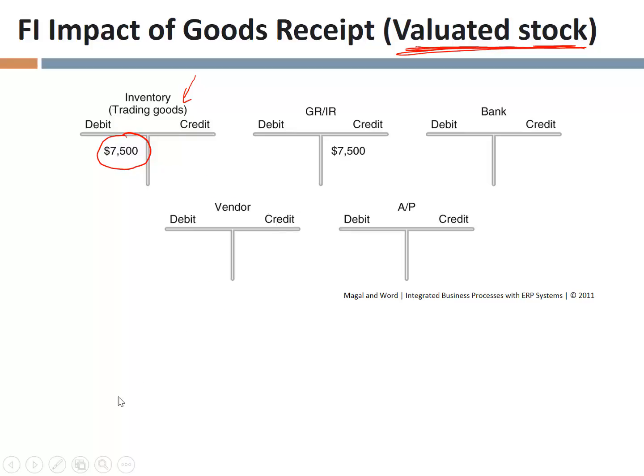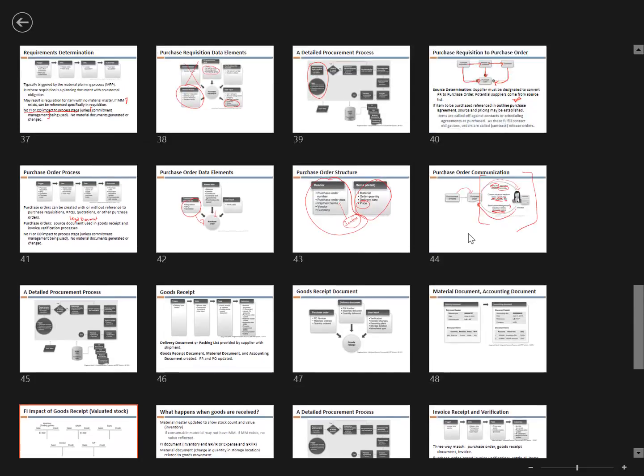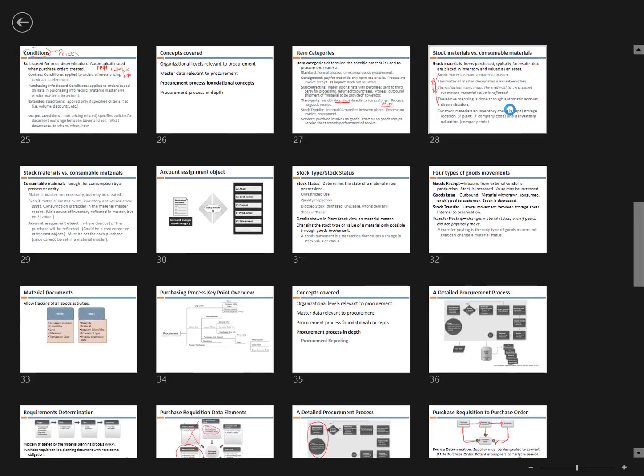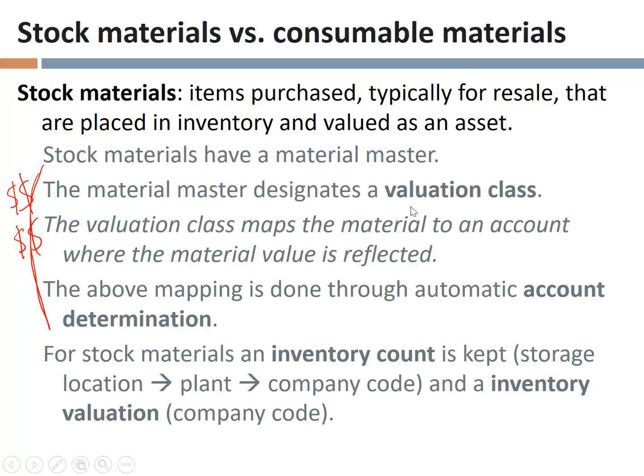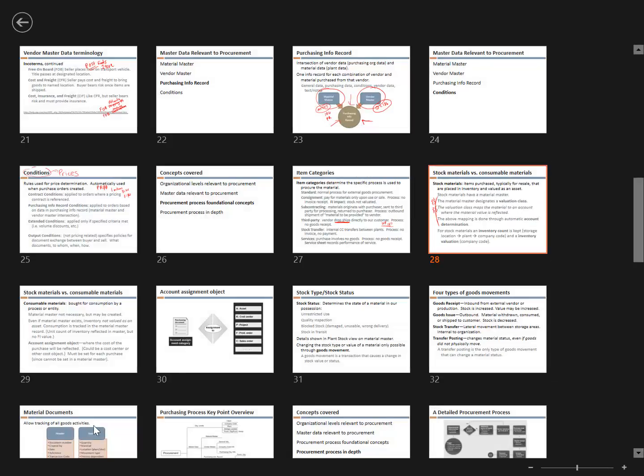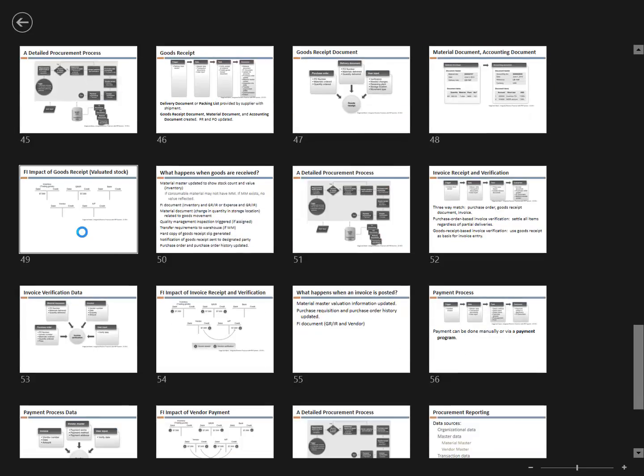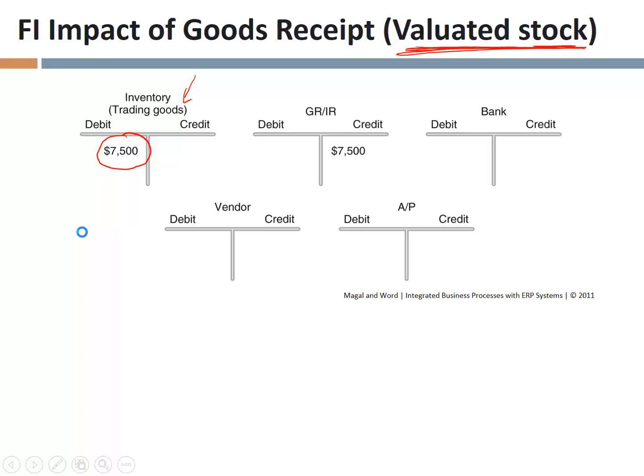Let's back up here and look at where we talked about this before, because it's very important that we can connect these things up. Back here when we were talking about stock materials, we said that stock materials have a material master. The material master designates a valuation class, and the valuation class maps the material to an account where the material value is reflected. So if we go back to what we were just talking about here, what's going to happen is the goods receipt process is going to, of course, designate the materials that were received.